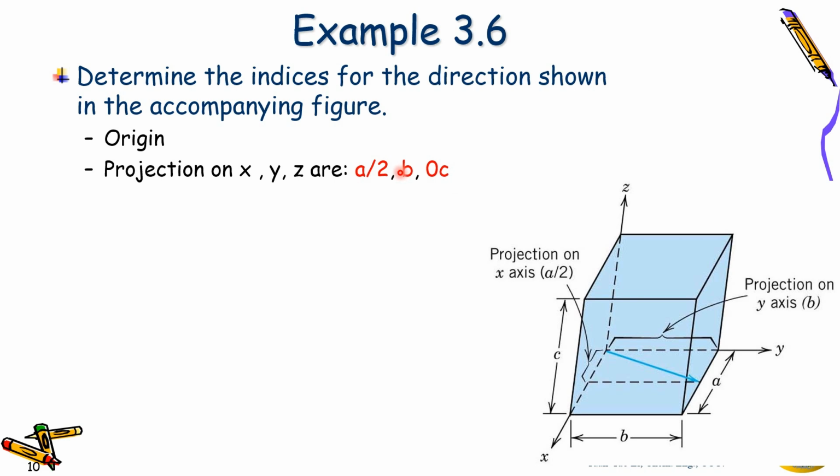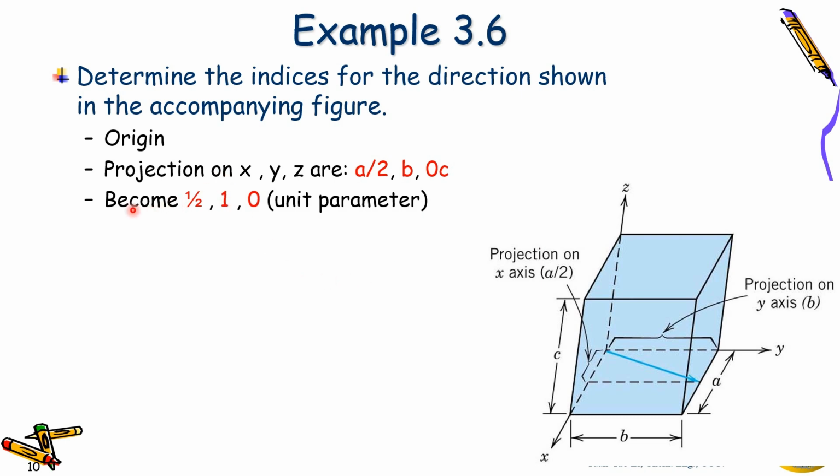This can be called 1 b, right? Okay, so this is the projection. And what's step 3? Step 3 is that you need to make it become the smallest integers by multiplying or dividing.